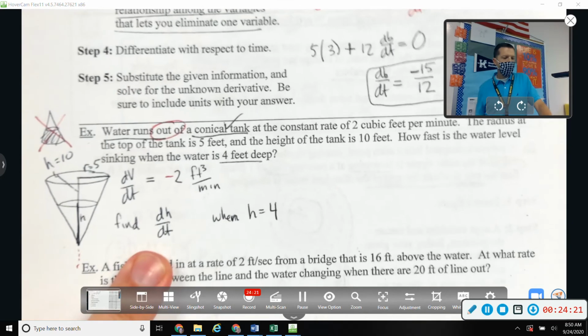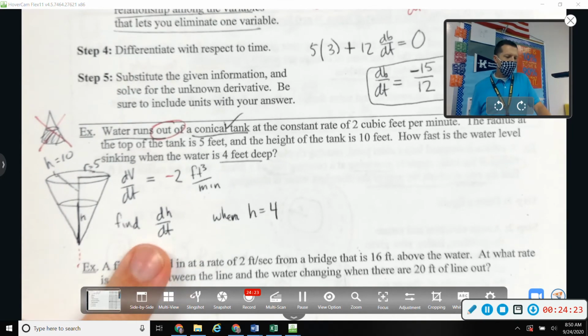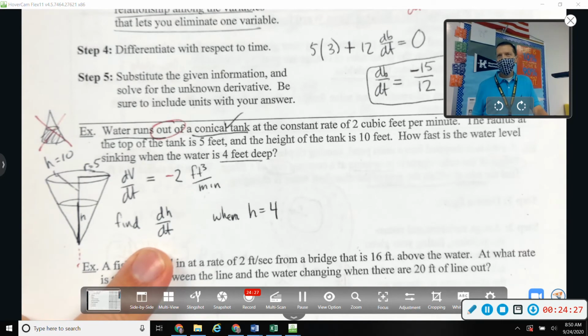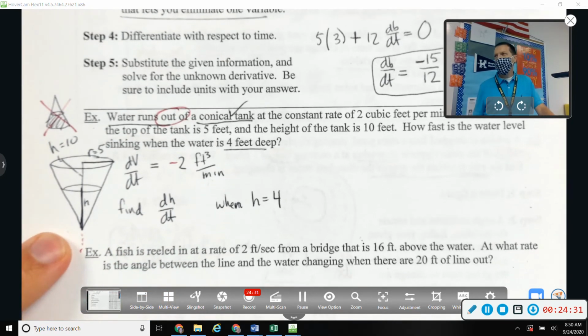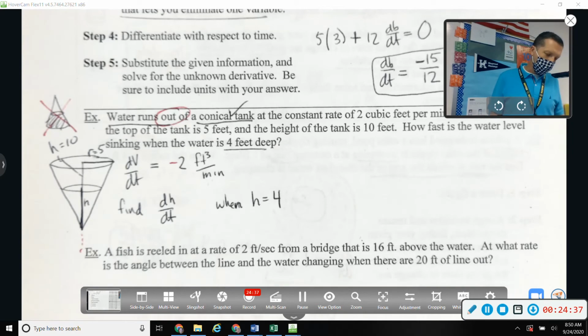Let's think ahead on this one. Do we think the dh/dt is going to be positive or negative? If water is draining out of the tank, the height is going down. So I think the dh/dt is going to be negative, but we'll work the problem and find out.